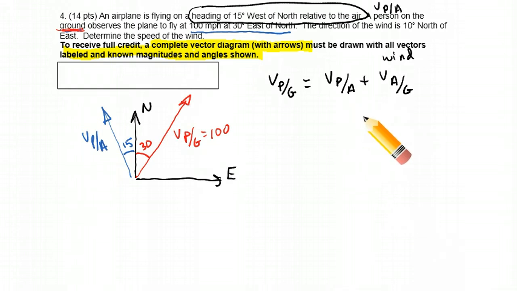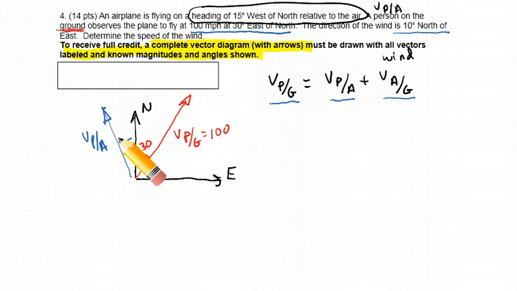Given the direction of the wind as 10 degrees north of east. So how do we add that to these two? Well, we go back to our vector diagram. This is our resultant, so the red one is our resultant. So we're going to have to add that one plus that one, head to tail, to get our resultant. We've already got plane with respect to air, so we're going to draw the air with respect to the ground starting here.